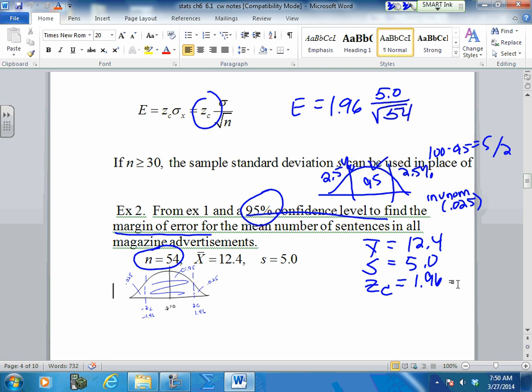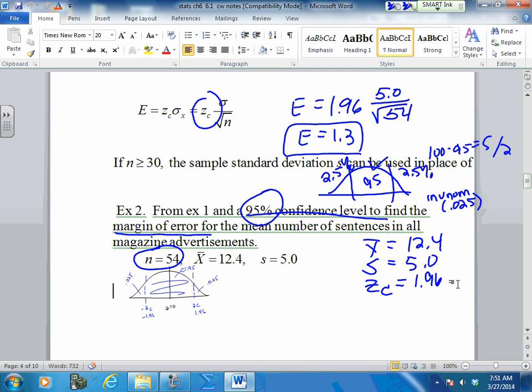So if you plug it in your calculator just like you read it, you get 1.3. This is your margin of error. That's your margin of error, 1.3 sentences. This was your sentences for your advertisements.